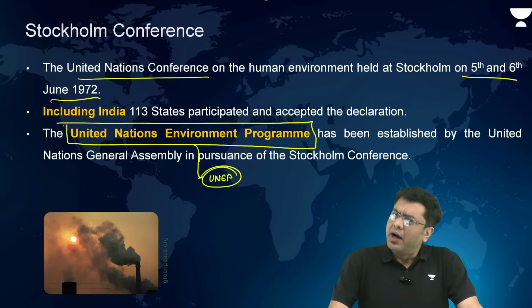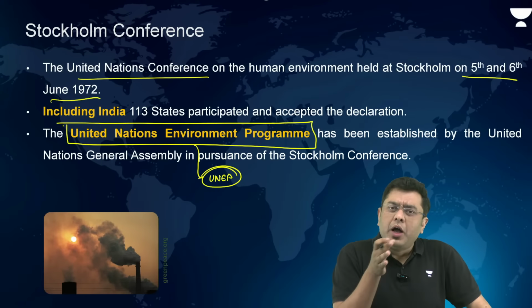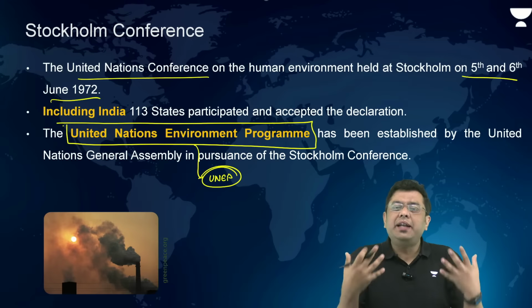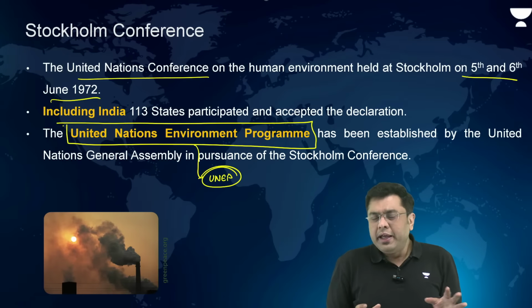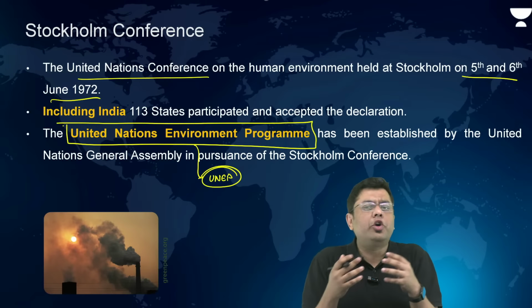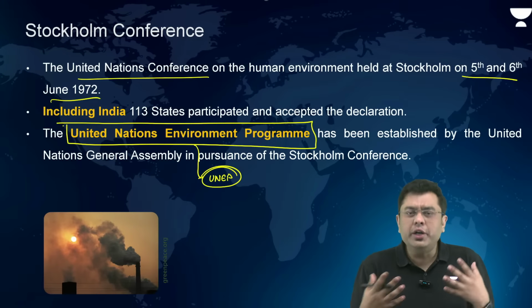Now, as triple threats were identified, this is where all the countries started bringing in their own national legislations as well, in order to conserve the environment, in order to tackle, let's suppose, pollution and so on.